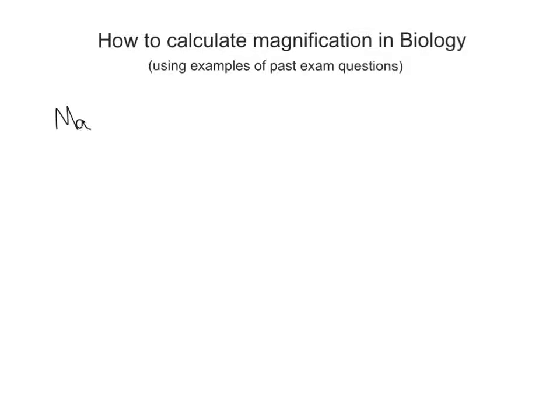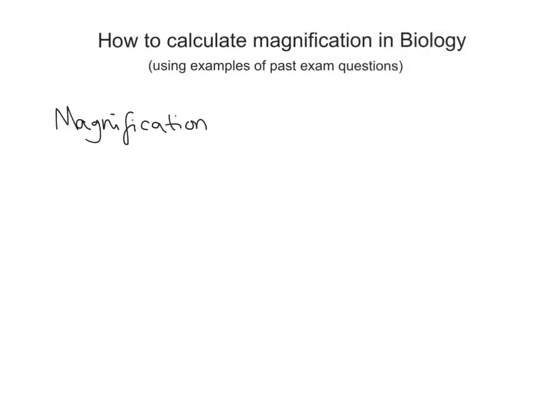So if you're given an image, for example, of a cell in an exam question, often it will say next to it magnified by X number of times, because clearly they wouldn't be able to show that image the real size it actually is. And you can use this formula to calculate magnification.